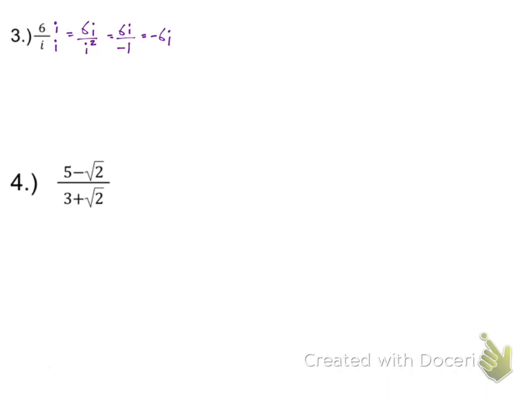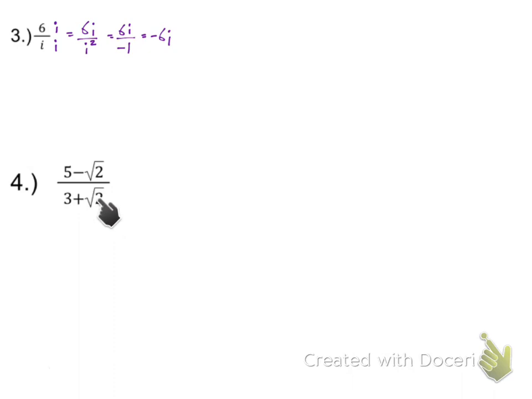Number 4 is the first one that we're actually going to have to use the conjugate. It's a binomial divided by a binomial. The only thing I don't care for is the square root of 2 on the bottom.